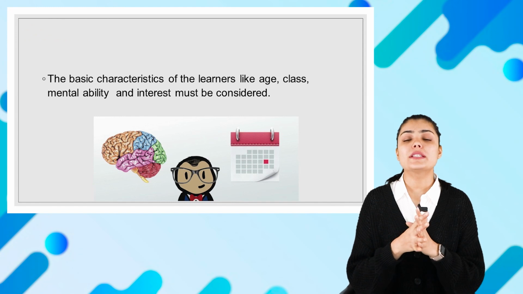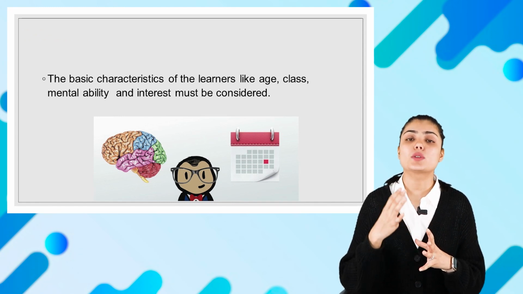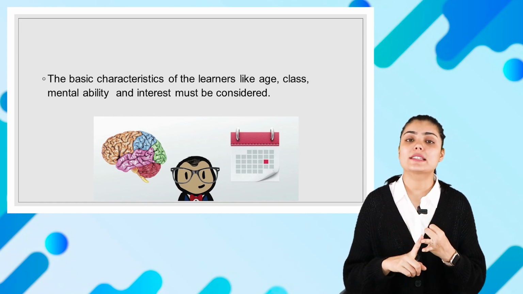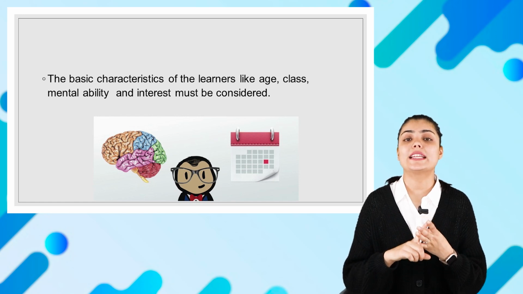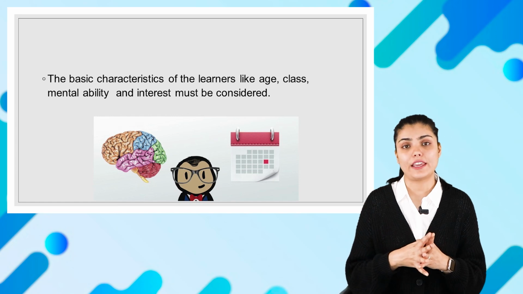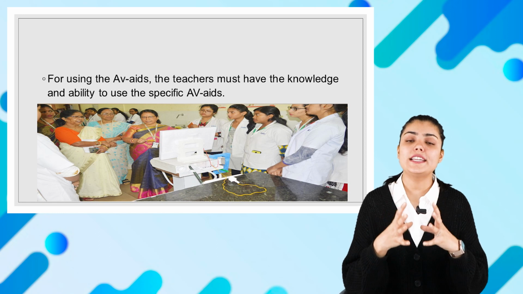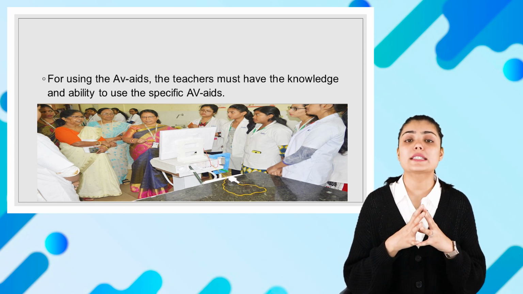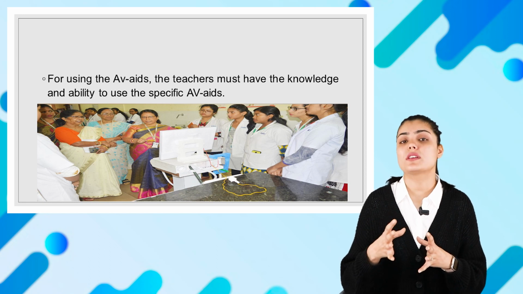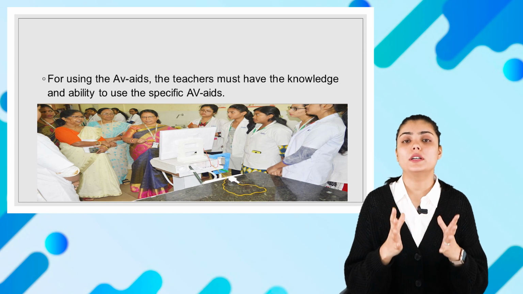Here in the principle of selection, we must also see the basic characteristics of the learner. The basic characteristics may include age, class, mental ability, and interest of the students. This also must be considered before we select the AV. And finally, before selecting any kind of AV aid, the teacher must have thorough knowledge about the AV aid and how to use it effectively in order to gain the maximum output from the learners.